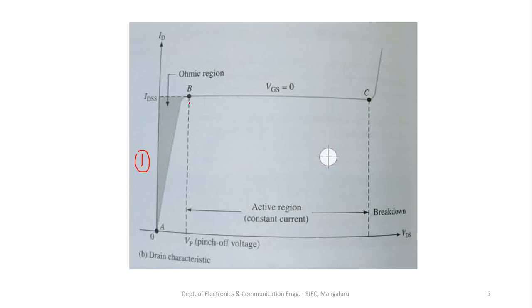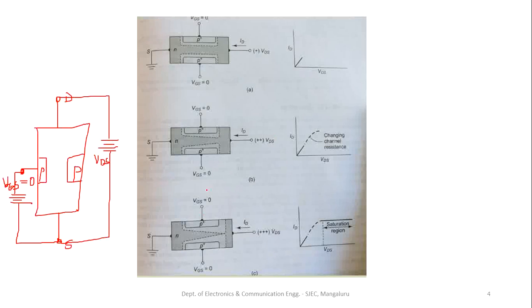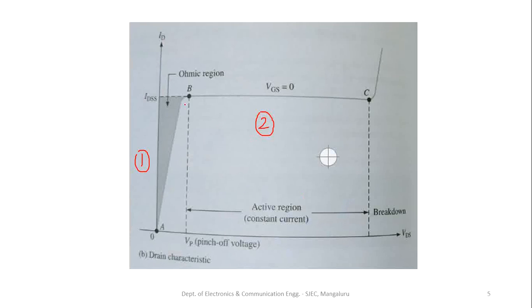This is for the second case, where VGS is still 0 and VDS is further increased. There is a depletion region which is being formed. Here you can see there is a depletion region being formed, so the current is almost becoming constant.